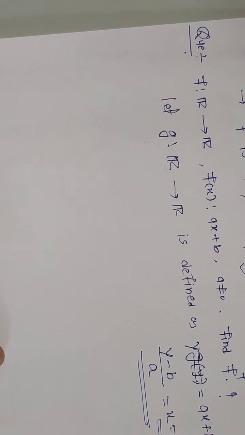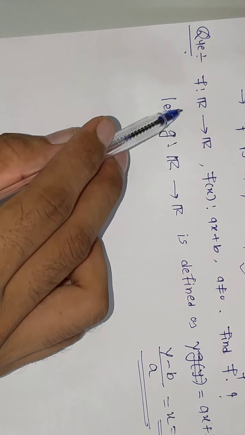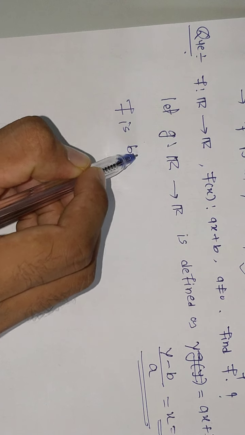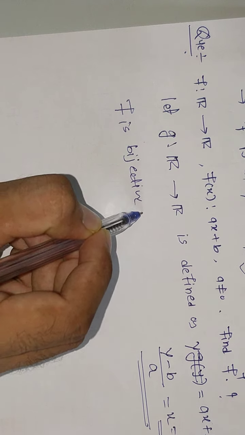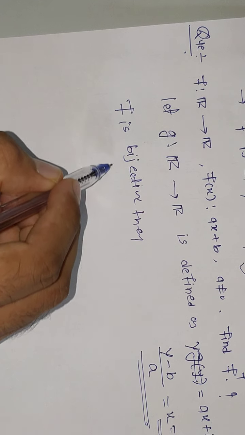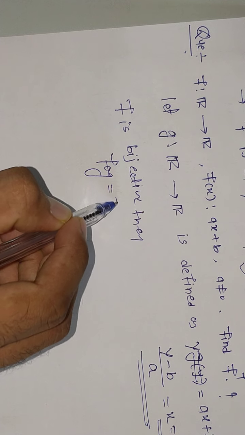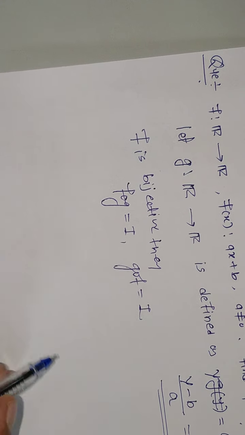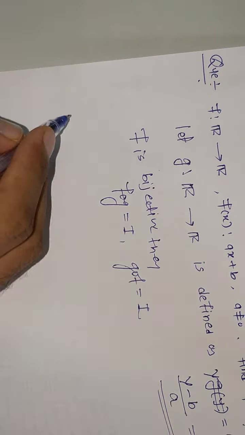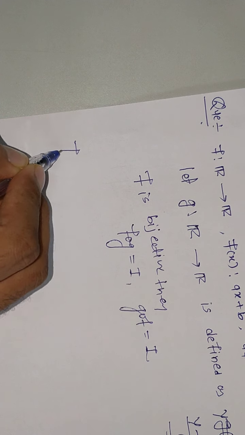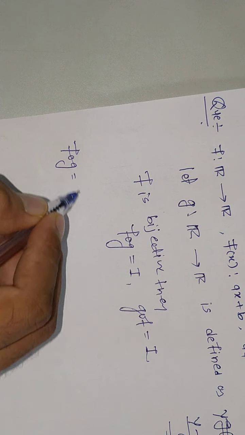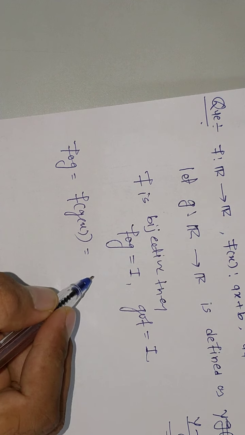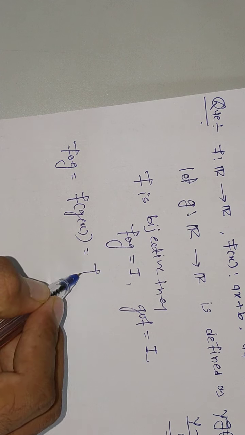Okay, now if f is bijective, then f∘g equals I and g∘f equals I. So let's start with f∘g. f∘g equals f of g of x.